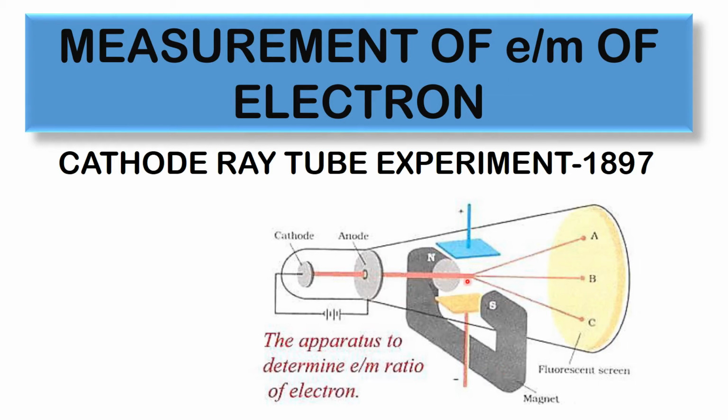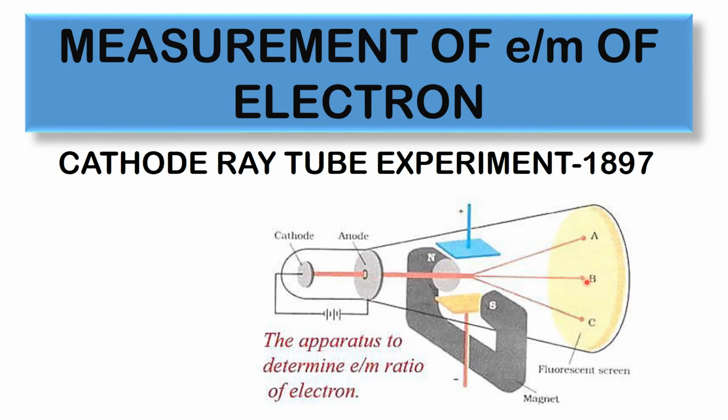And then he kept both the electric field and the magnetic field on and adjusted their strength in such a way so that these cathode rays strike point B again. Or in other words, he made them follow the straight path again and strike the fluorescent screen at point B.